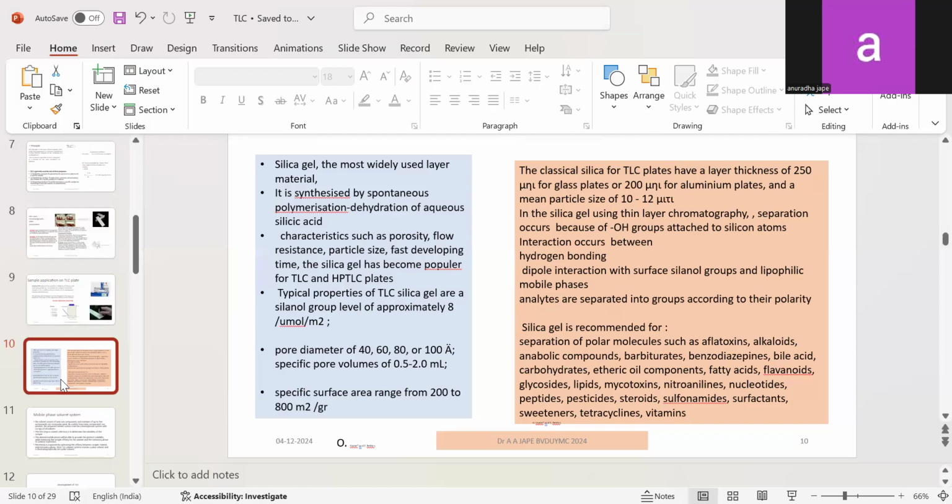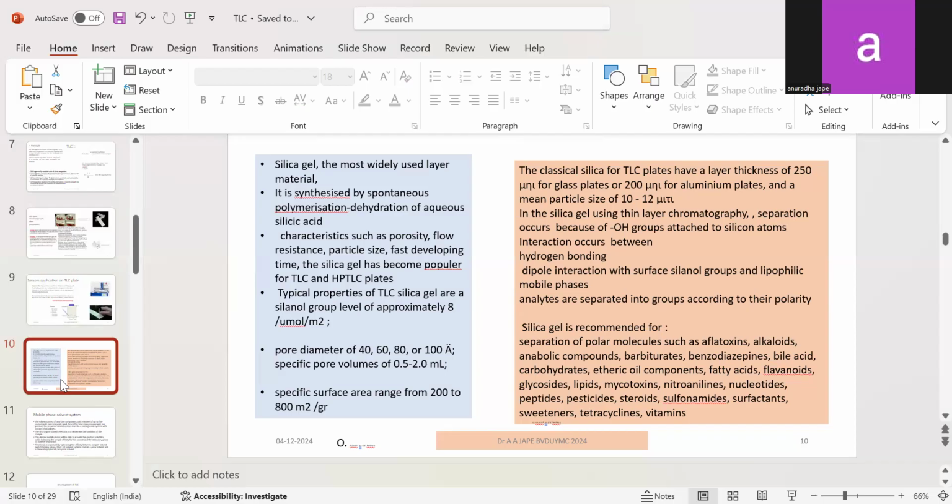In silica gel thin layer chromatography, separation occurs by hydroxyl groups which are attached to silicon atoms. So interaction between these groups and the analyte, as well as the hydrogen bonding and the dipole interactions with the surface silanol groups, and the lipophilicity of the mobile phase.